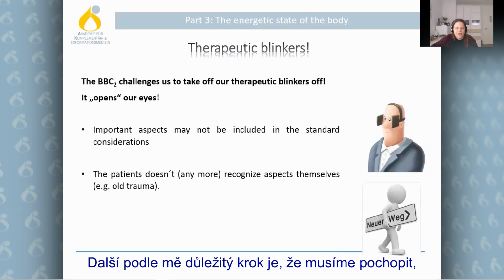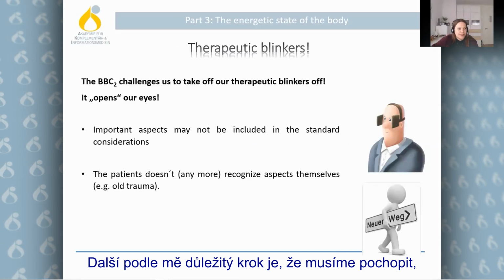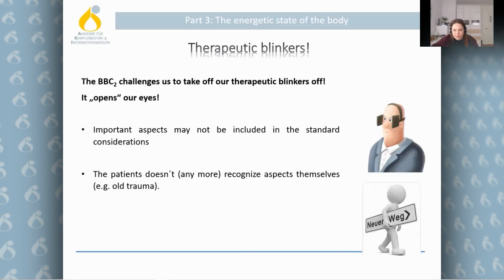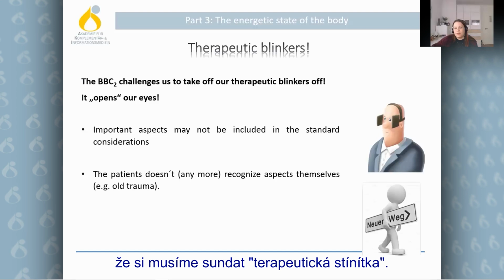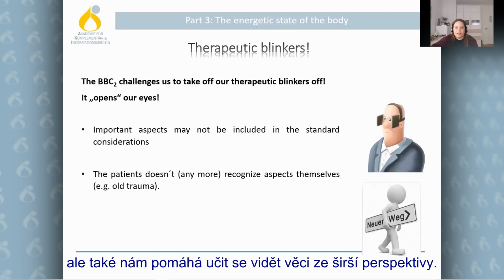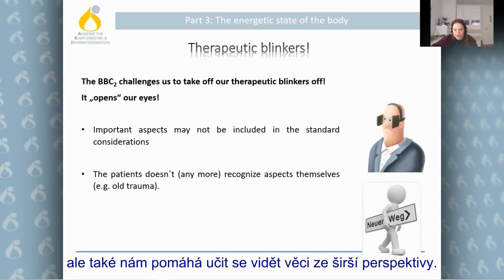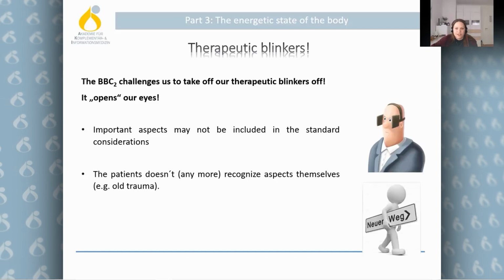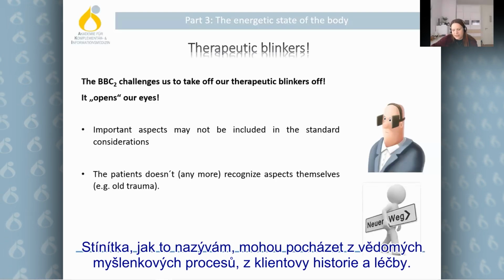And the next step, what's important for me, is to understand that we have to take off our therapeutic blinders, as they say. The system helps us to see more than we can see without it, and to have a wider perspective of medicine. Blinders, as I call them, can arise from conscious thought processes or from the patient history and treatment.